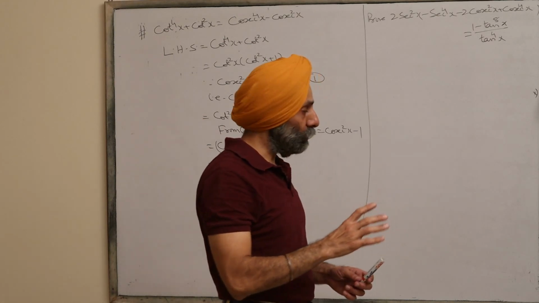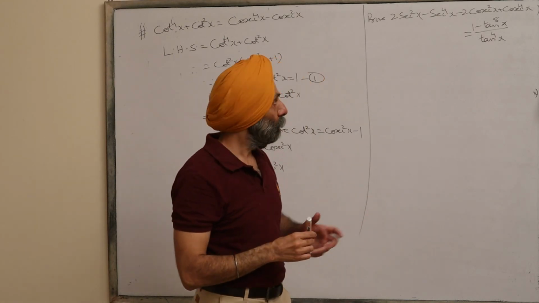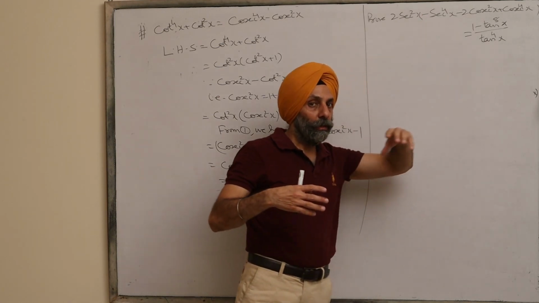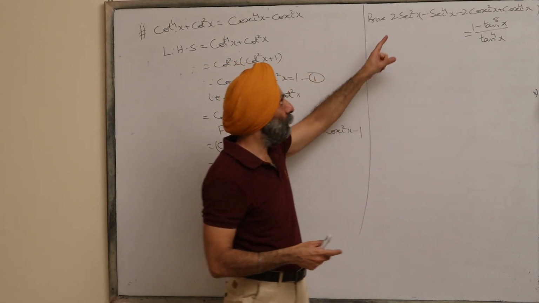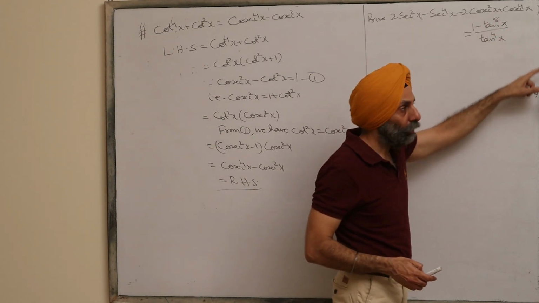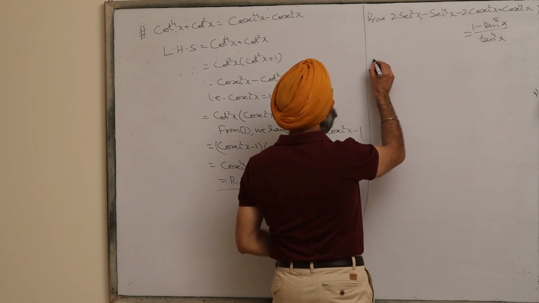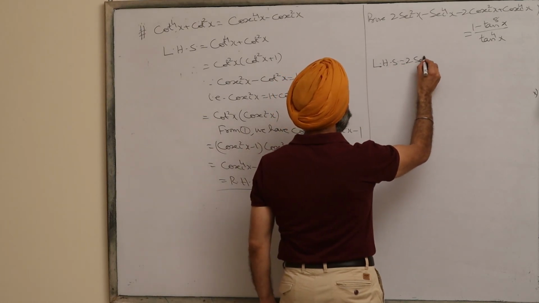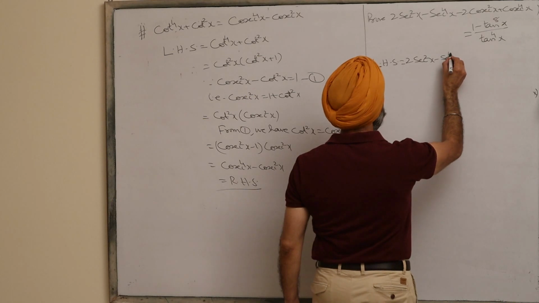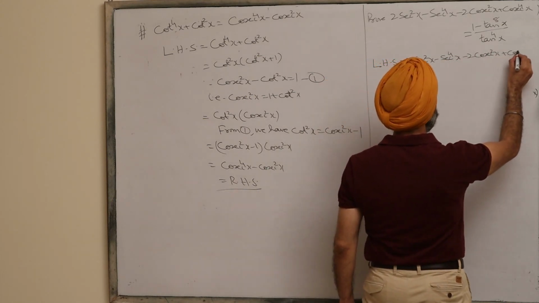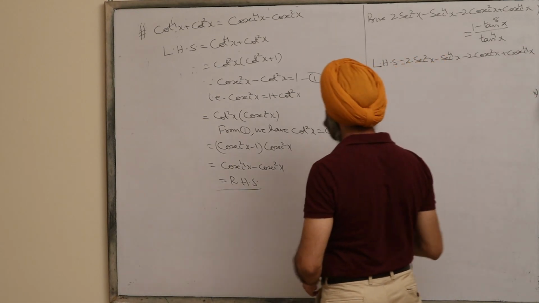So in this we will be using 3 trigonometric ratios. They are secant, cosecant and tan. Now what is your left hand side? It is 2 secant square x minus secant 4x minus 2 times cosecant square x plus cosecant 4x.